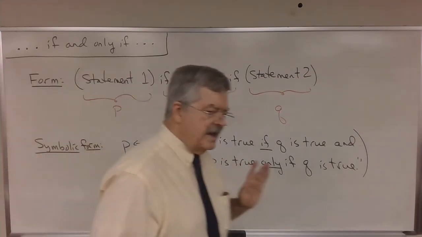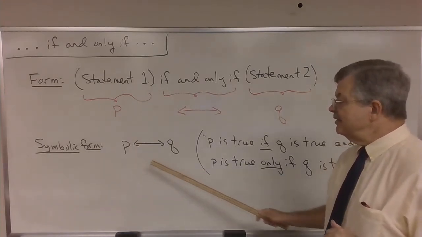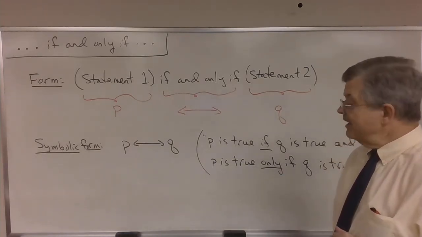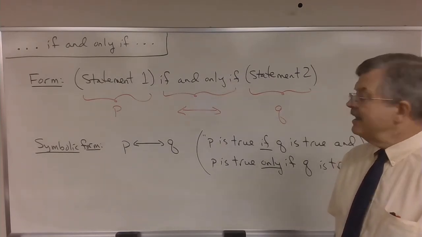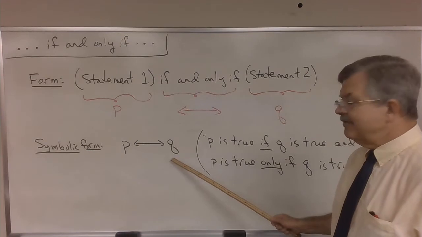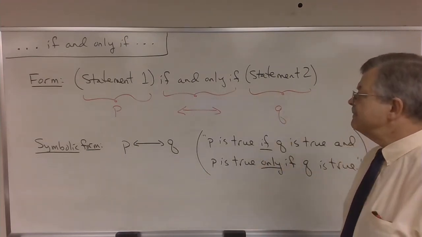The bottom line is, if one of these things is true, they both have to be true. If one of these things is false, they both have to be false. If we have one true and the other false, that makes the entire statement false.